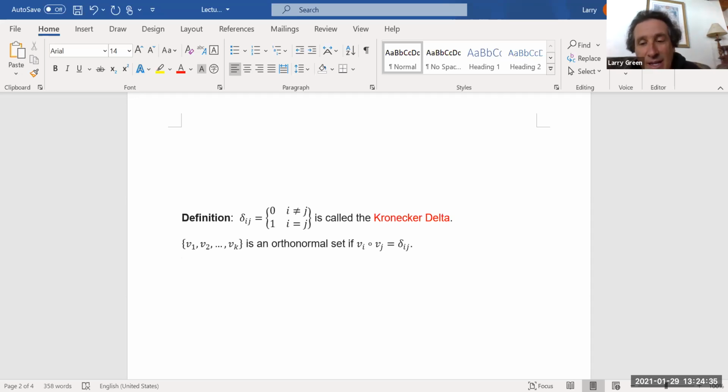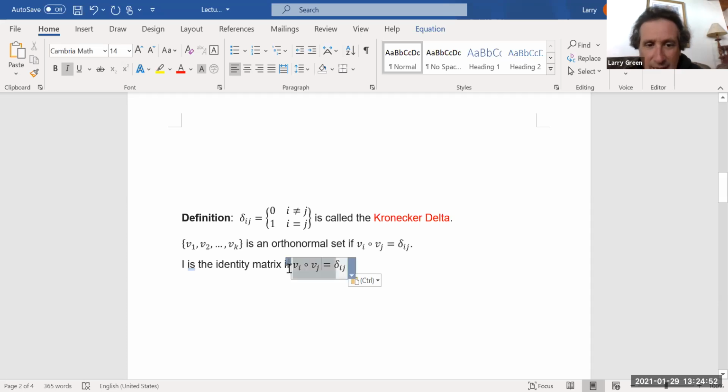Okay, and you could even say the same thing. I is the identity matrix if, well, we do it again, Aij equals delta ij. Isn't that what the identity matrix is?